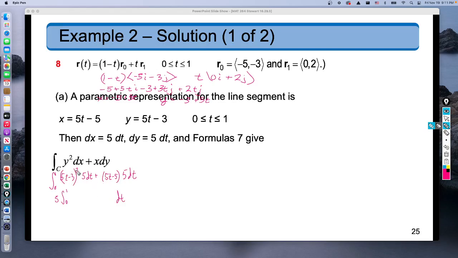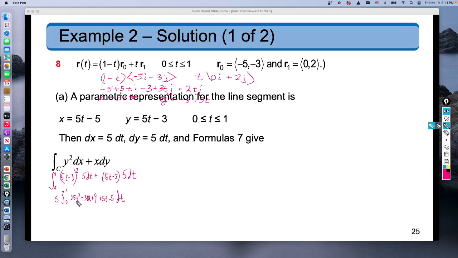Okay, so when we FOIL this out, we get 25t squared. 5 times 5. We'll get 5 times 3 is 15. We get 2 of those, so we'll get a negative 30t. And then we get negative 3 times negative 3, which gives us a positive 9. From this part, we're going to get a plus 5t minus 5.